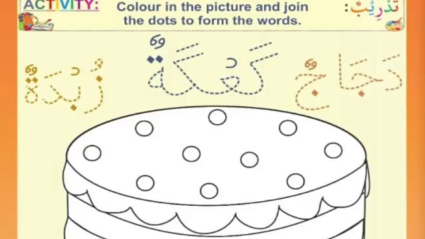For those who have the book, you may trace on the dots, making them letters and words. Color the picture, the cake, and join the dots to form the words.